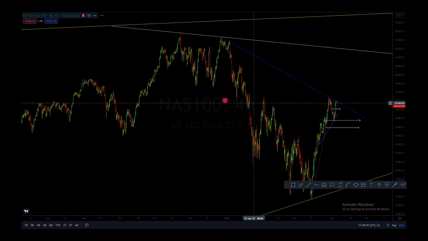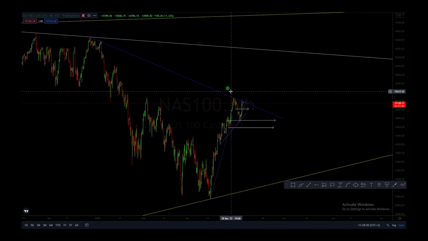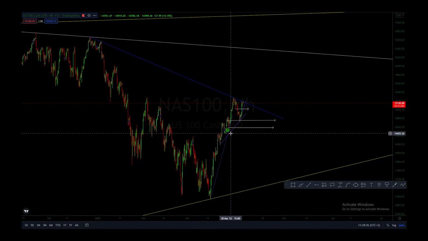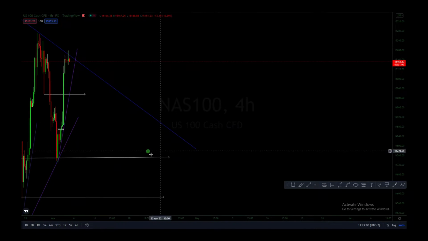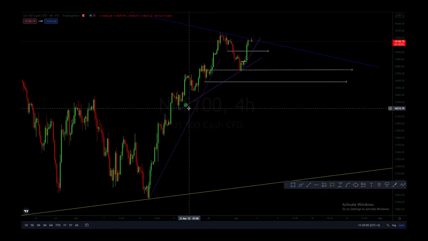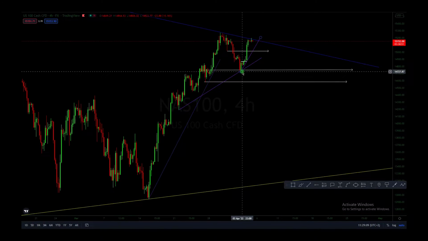For me to be looking for sales, I'd like to look for sales around a trend line. So I had this trend line, which is a 1, 2, 3, now a 4 touch trend line. So I was sure that for me to be taking sales, either we're going to break this trend line or we're going to come and test this trend line, right? I had this drawn from the previous video.